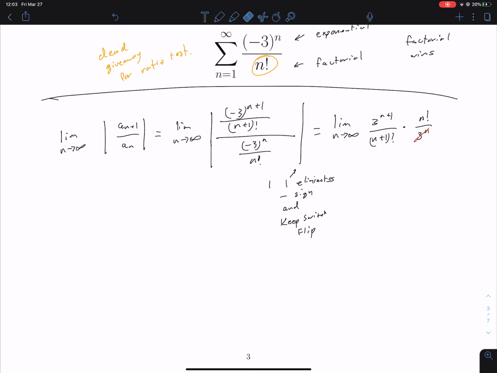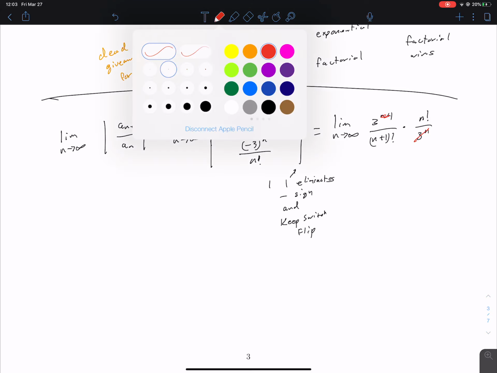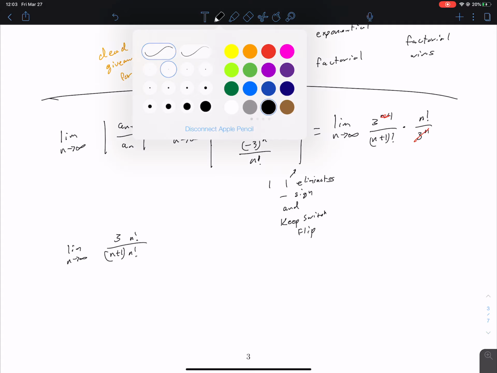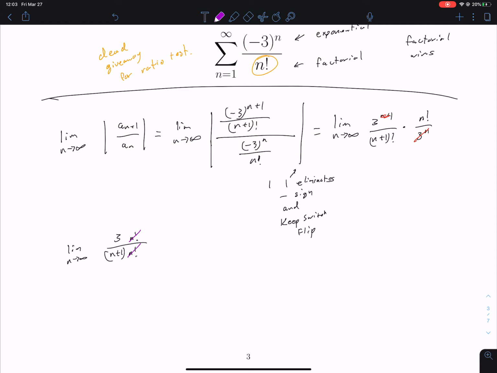Really what I'm left with is the 1 stays. So this is just 3 to the 1. And then I have the limit as n goes to infinity of a 3 left on top, n factorial, and then I will write n+1 factorial as n+1 times n factorial. And now these two will cancel. This will always happen with factorial. Some amount of cancellation will always happen. And now I have 3 over n+1, and this limit is 0.